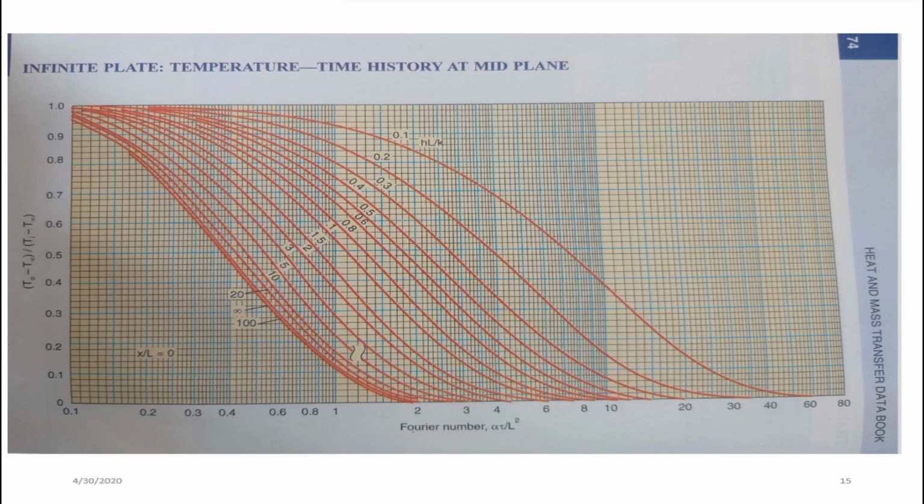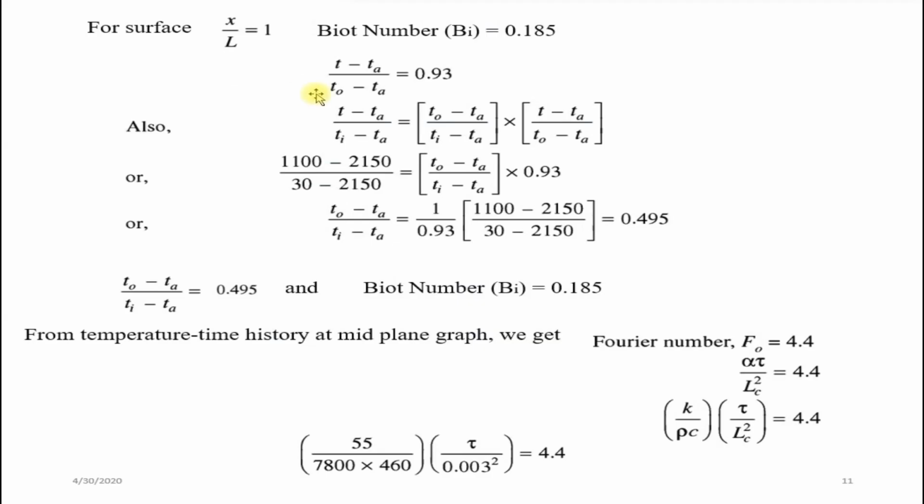Again I will explain. Here in this problem we can assume for a surface x by L is equal to 1 and the Biot number value we have. With the value of these two, if you go to graph number 2 in an infinite plate, you will get T minus Ta divided by T0 minus Ta equal to 0.93. There is a formula in the data handbook: T minus Ta divided by Ti minus Ta is equal to T0 minus Ta by Ti minus Ta into T minus Ta divided by T0 minus Ta.